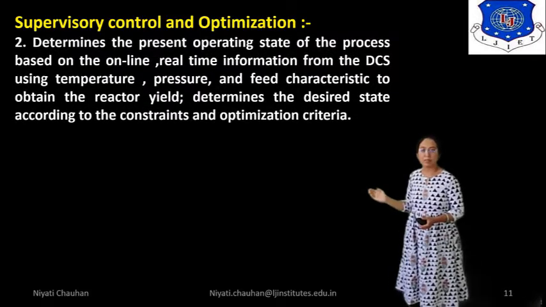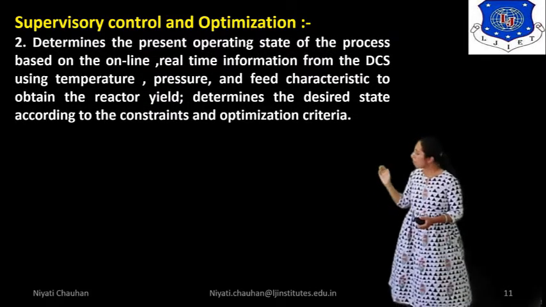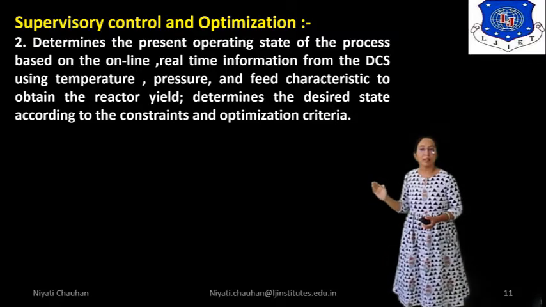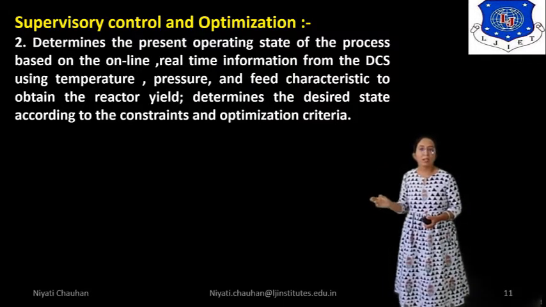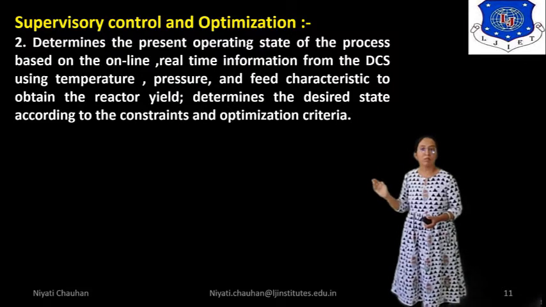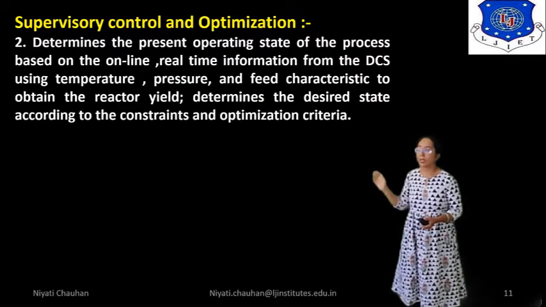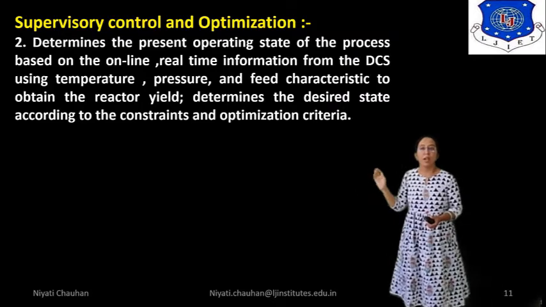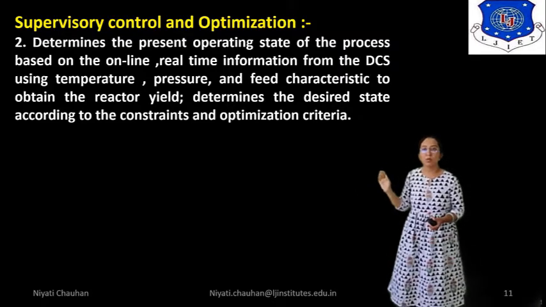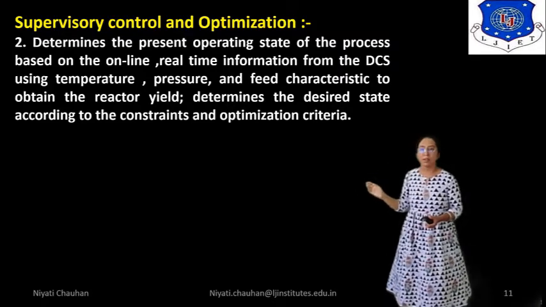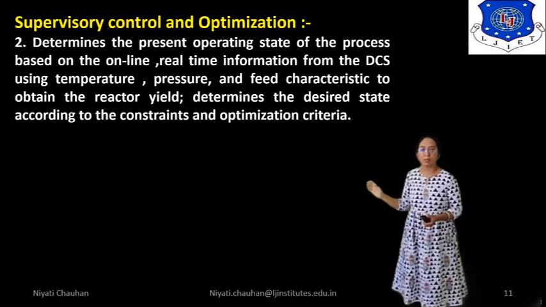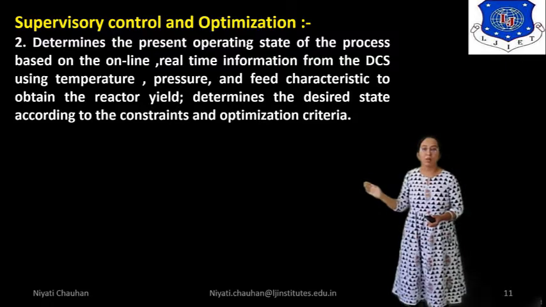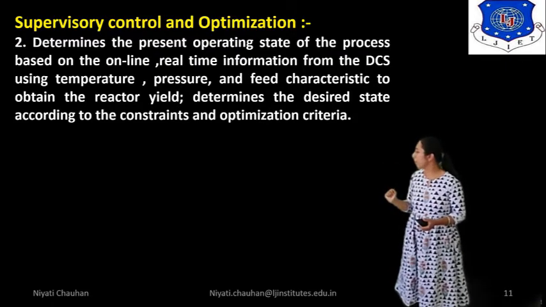Then next, determine the present operating state of the process based on the online real-time information from the DCS using temperature, pressure and feed characteristics to update the reactor, and determine the desired state according to the constraints and optimization criteria.